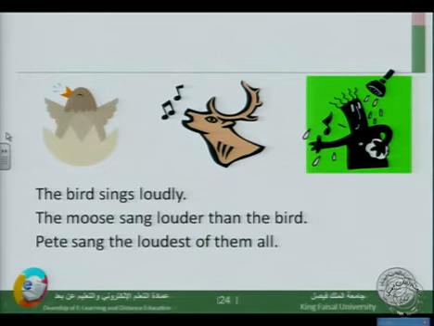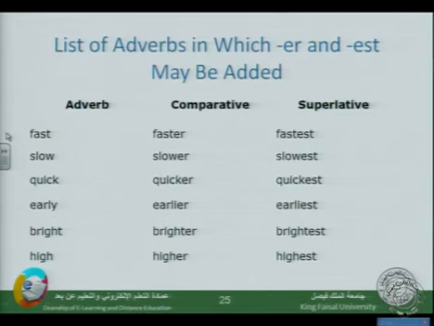Here we have more examples regarding adverbs. The bird sings loudly. The moose sang louder than the bird. Pete sang the loudest of them all. Here we have a list of adverbs in which we add ER and EST. Fast, faster, fastest, slow, slower, slowest, quick, quicker, quickest, early, earlier.